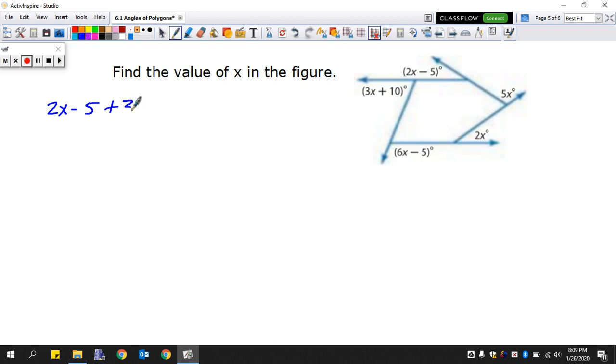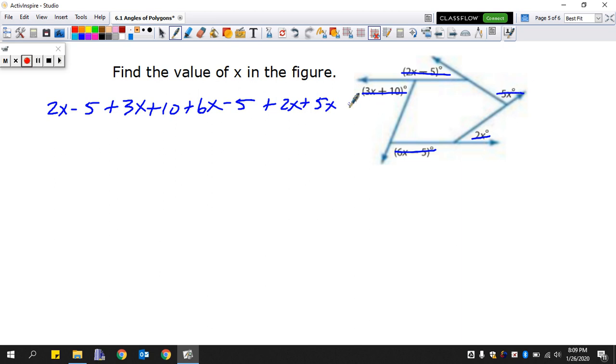Okay, so we've done this one and this one. Plus 6x minus 5 plus 2x plus 5x is equal to 360.